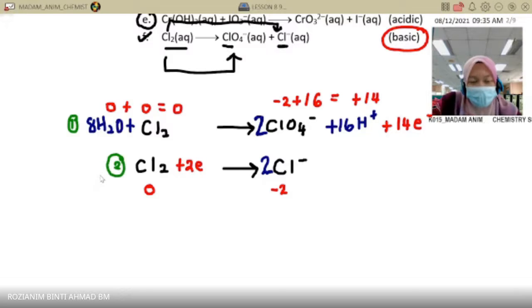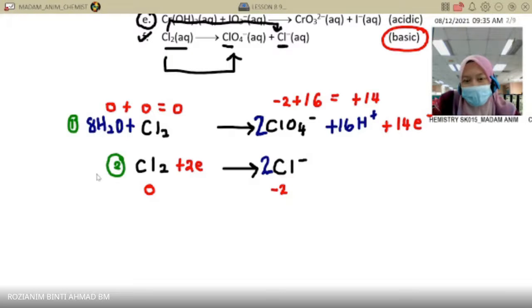Number 2, madam. Number 2 is oxidation. Apa kriteria oxidation? Apa definition oxidation? Check elektron duduk mana. Kalau oxidation, elektron tu mesti sebelum anak panah ke selepas anak panah? Selepas. So, bila selepas, equation nombor berapa sebagai oxidation?